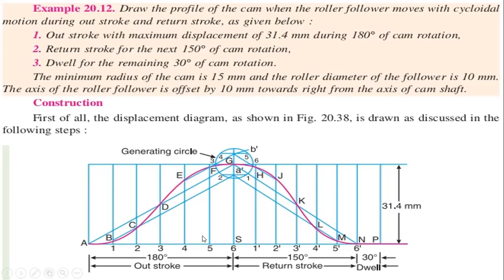After dividing it into 6 equal parts, then divide the return stroke also into 6 equal parts. That is, 150 degrees is divided into 6 equal parts.